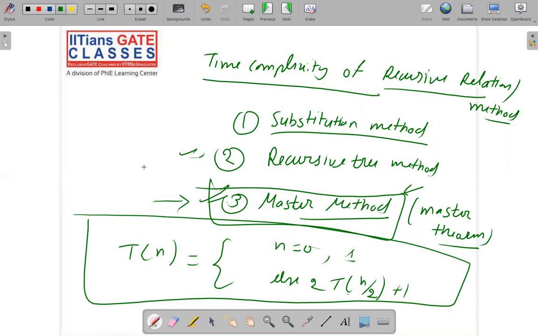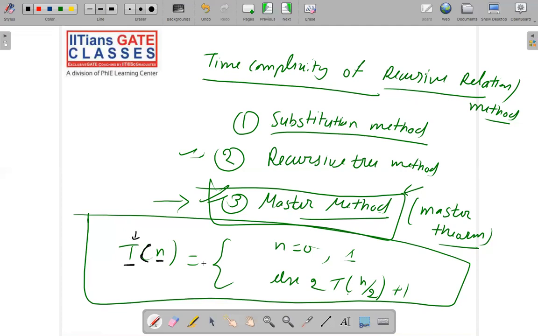Starting from the master method: this recursive relation is actually called a recurrence relation. If you see this standard template here, it's a function T, and we are passing n.